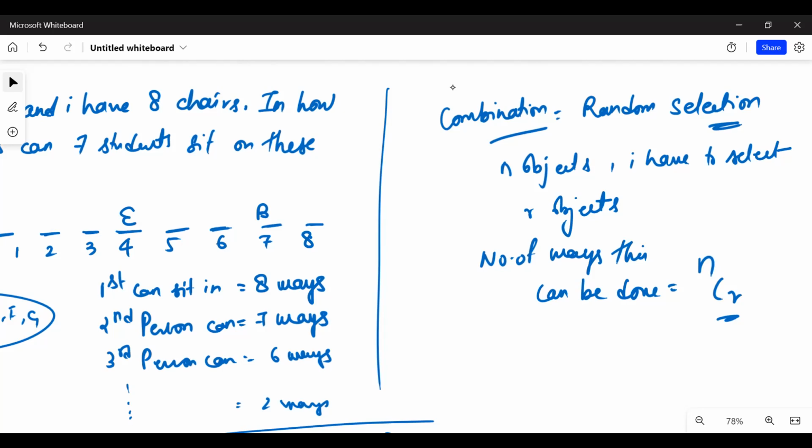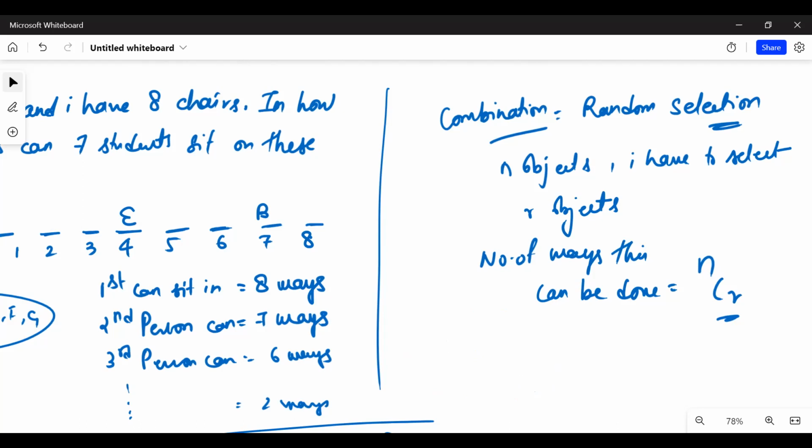In how many ways can I choose them? I can choose in 52C4 ways. What does C stand for? C stands for combination, randomly. From n objects, you're trying to choose r objects. So how will you do that? That is what combination is all about.